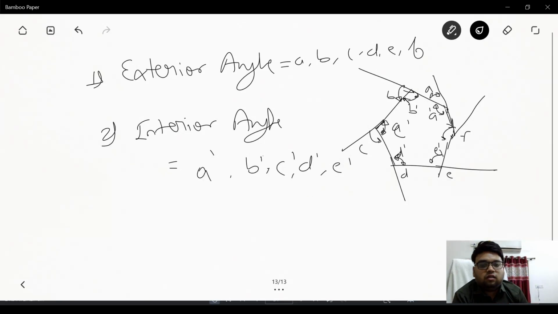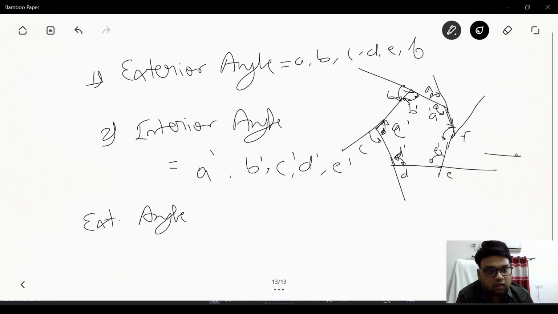Now we have to understand how to calculate the exterior angle and how to calculate the interior angle. I am giving you a formula to calculate the exterior angle. Here you can see that this one is rotating like this, so this is equal to 360 degrees.